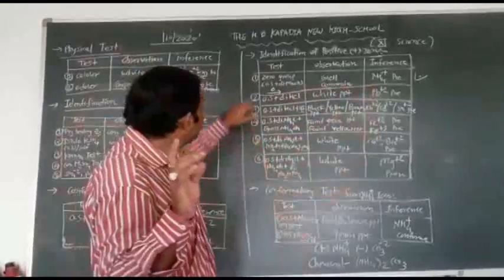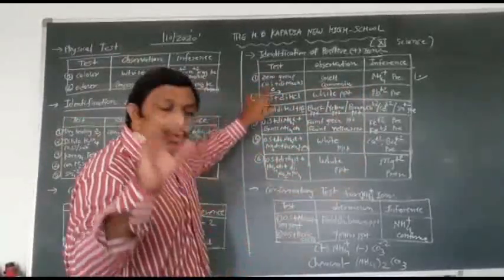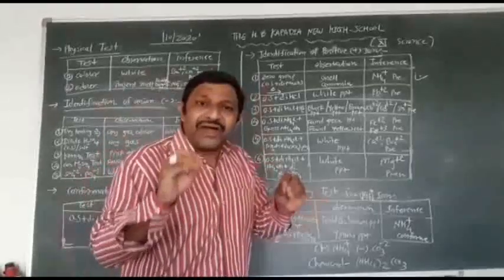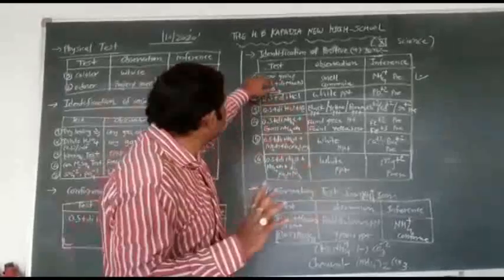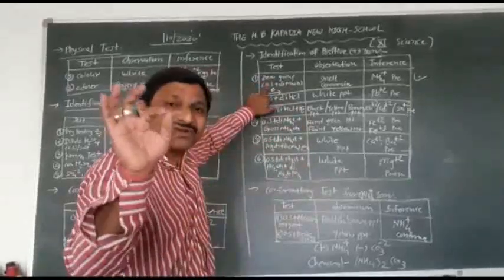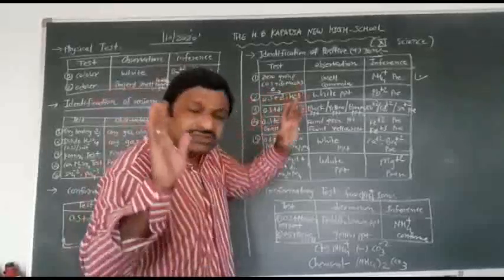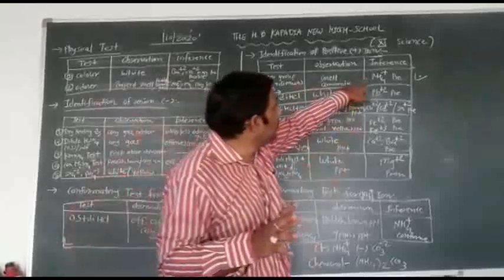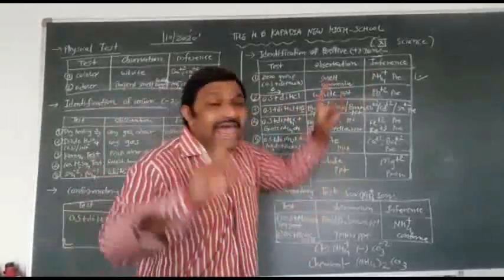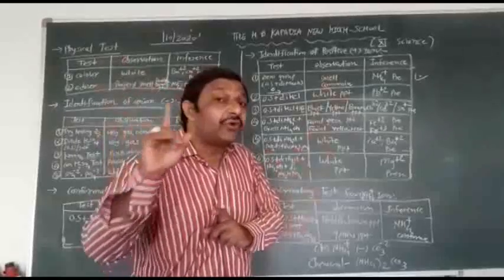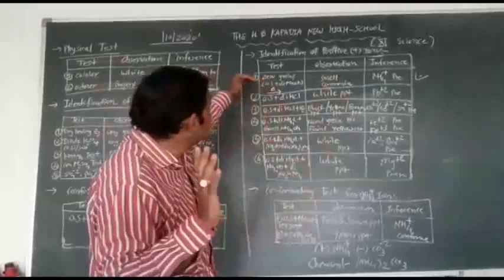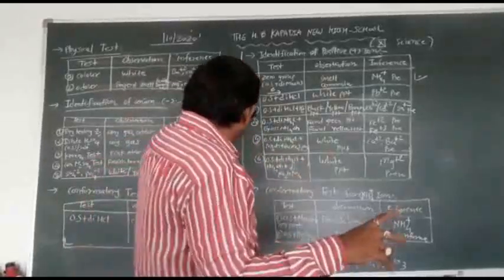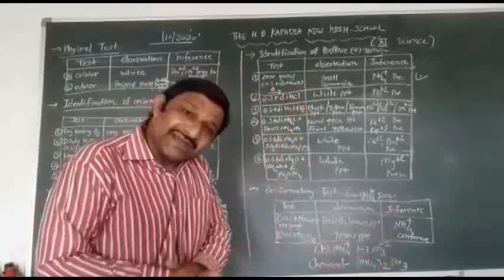Now in zero group, OS plus dilute NaOH, heat your solution, and you can easily find the smell of ammonia. So the smell of ammonia is present in your zero group as NH4 plus ion. Clear? So here zero group is present, NH4 plus is present.